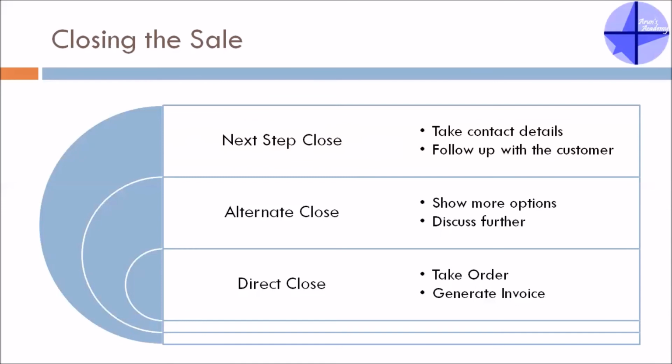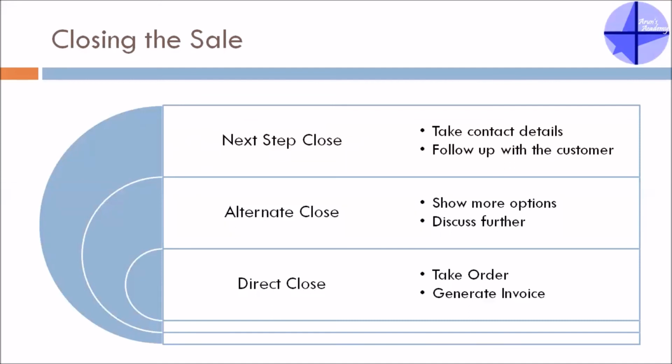What is the third type? The third type is called next step close. Remember, 80 to 90% of the customers you are meeting in your daily routine will end up in next step close. And what is it? You might have to follow up with the customer for the further steps.